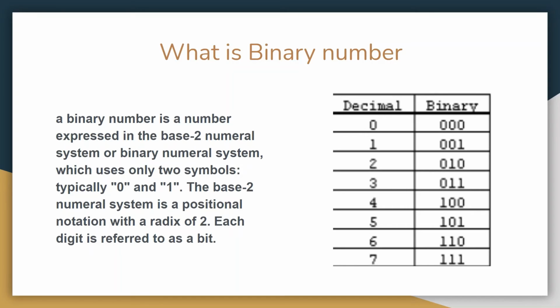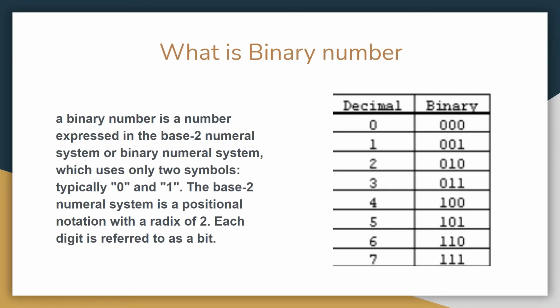In decimal, you can represent numbers with the 10 digits or symbols of the decimal number system. Here, there are two symbols in the binary number system, so we have to represent all the numbers using these two symbols, 0 and 1.